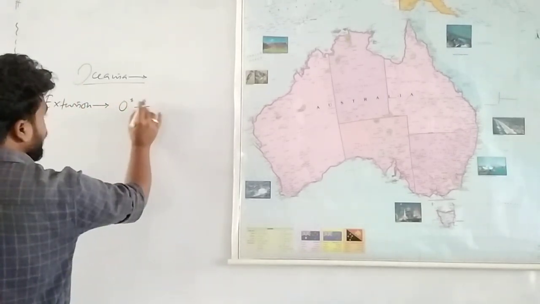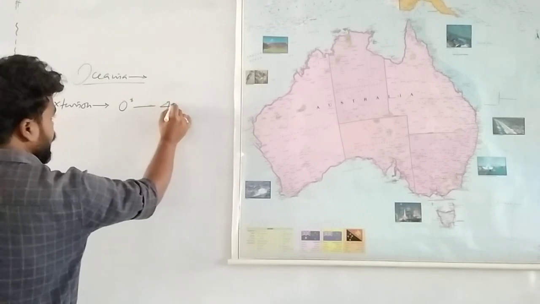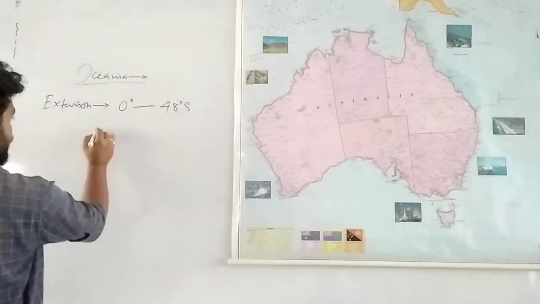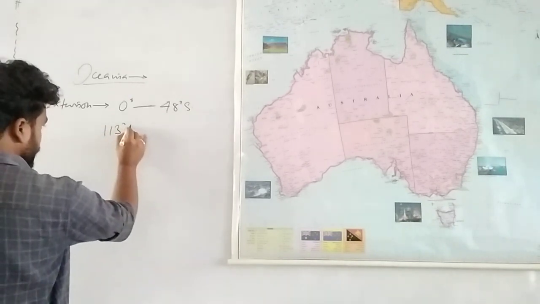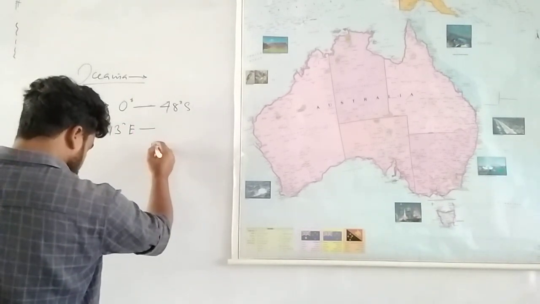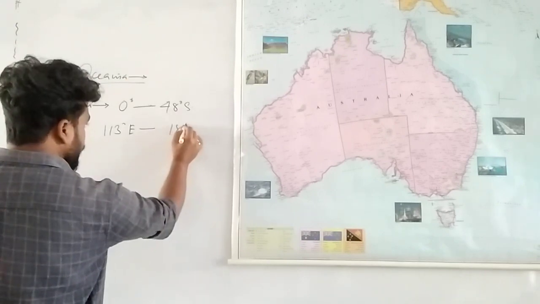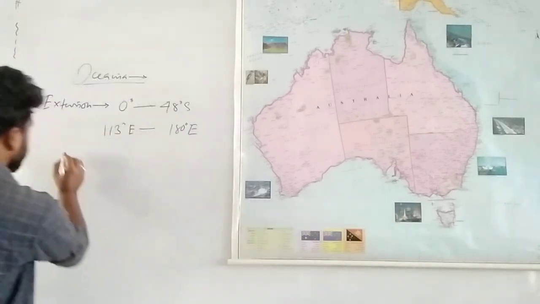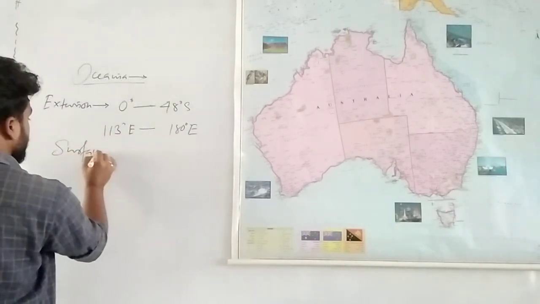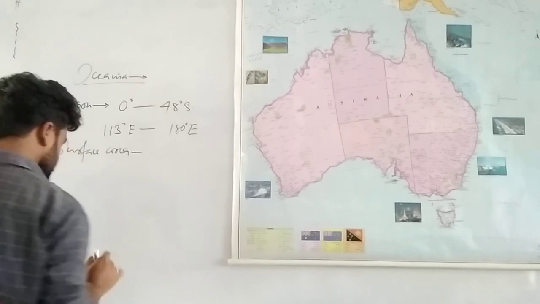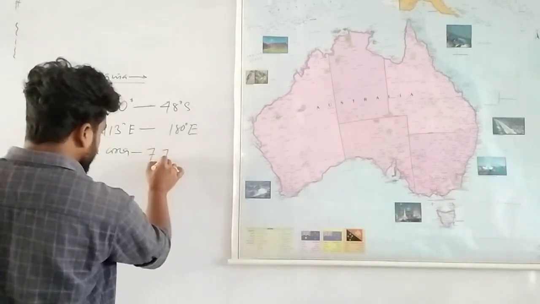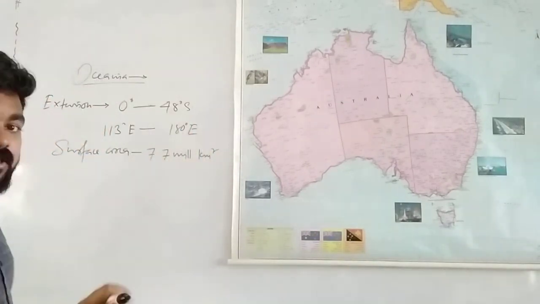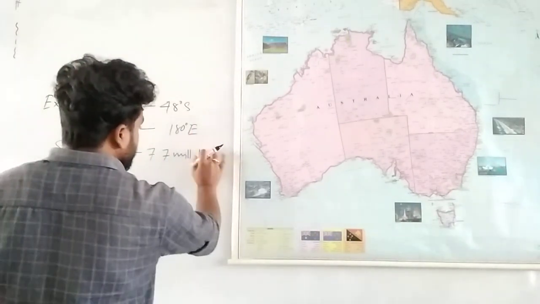From 0 degree to 48 degree south, and from 113 east to 180 degree east. Then we will see the surface area. What is the total surface area? 7.7 million kilometer square. But don't forget to write the square.